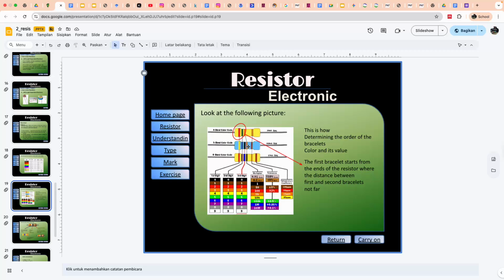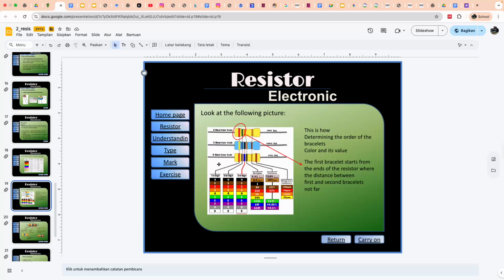The other is the 5-band: 3 we use for the value, then after that the multiplier, and after that the tolerance.